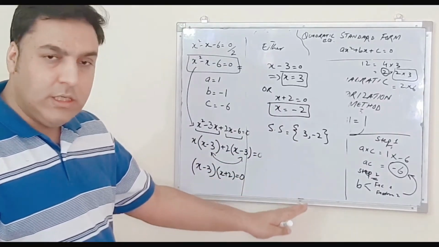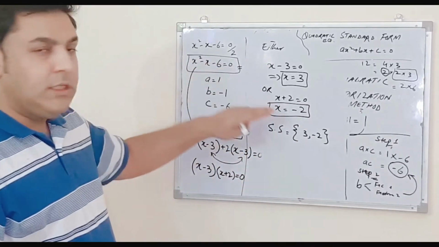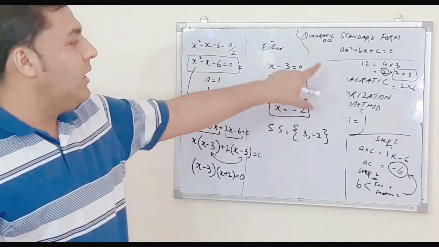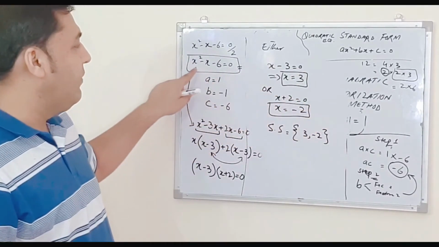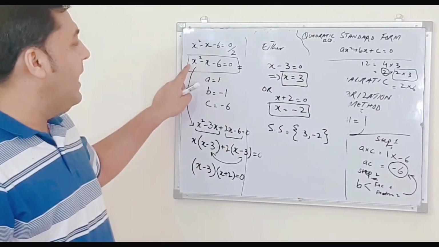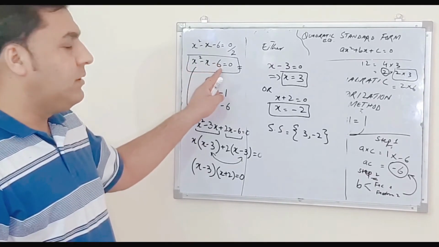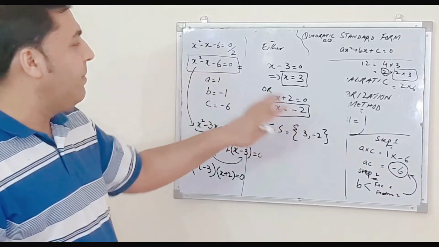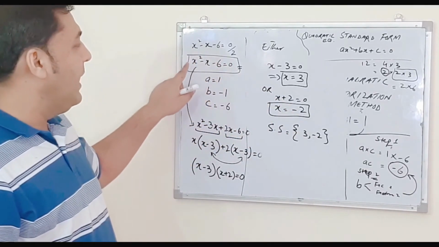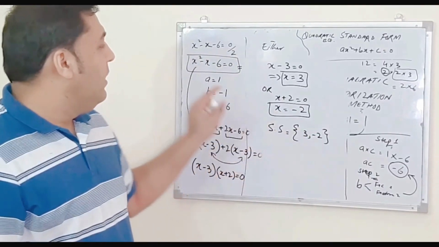So in the factorization method, what are we doing? First, we convert the quadratic equation into standard form. After that, we multiply the coefficient of x square, a, and the constant term, c, to get the product.